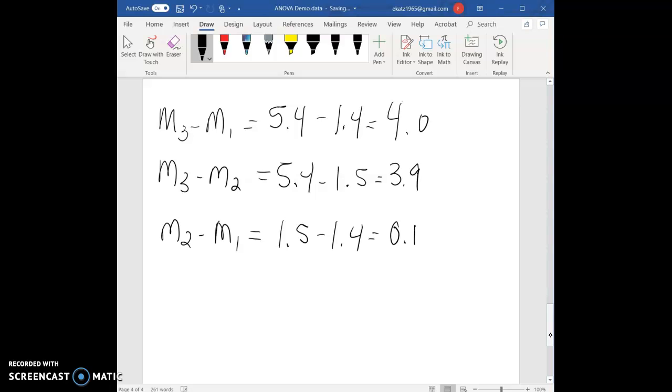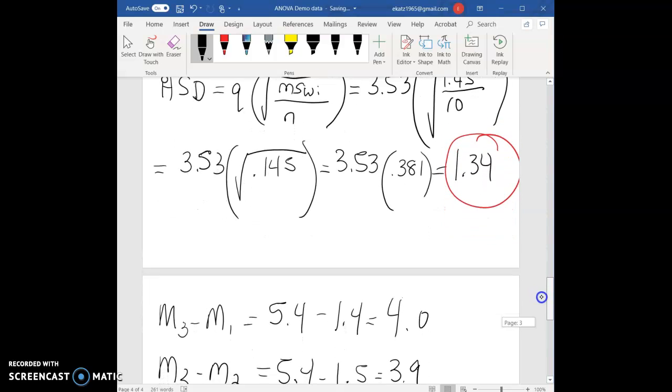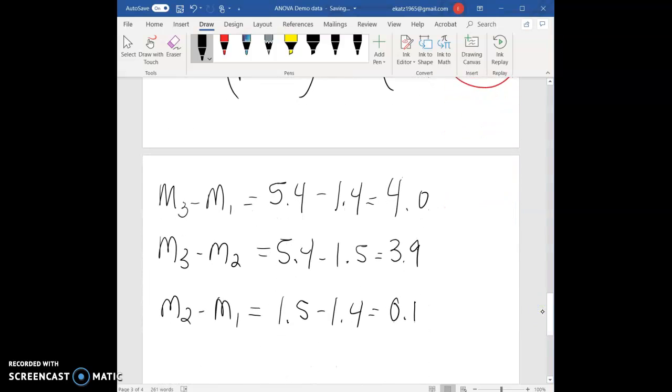So, as I mentioned, our HSD is 1.34, so what we need to ask is, are our mean differences greater than 1.34? Well, it's pretty obvious that the difference between mean 3 and mean 1 is greater than 1.34, and the difference between mean 3 and mean 2 is greater than 1.34.